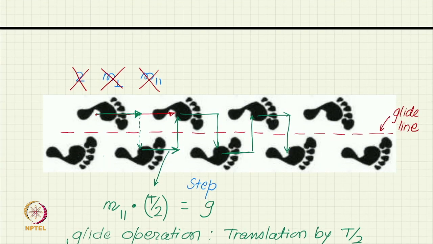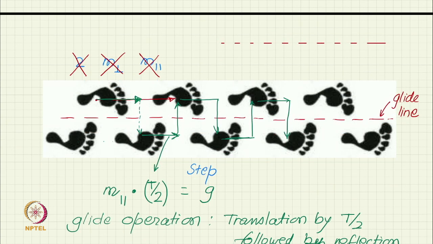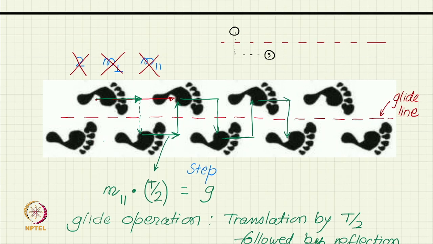We could do it, but drawing these feet is difficult, so you can take a simpler exercise. So suppose this is a glide line and you have an object, so you reflect and translate. So you create an object. Since you reflected, you will create an object of opposite handedness. Then you again reflect and translate. So you will get an object of the same handedness.